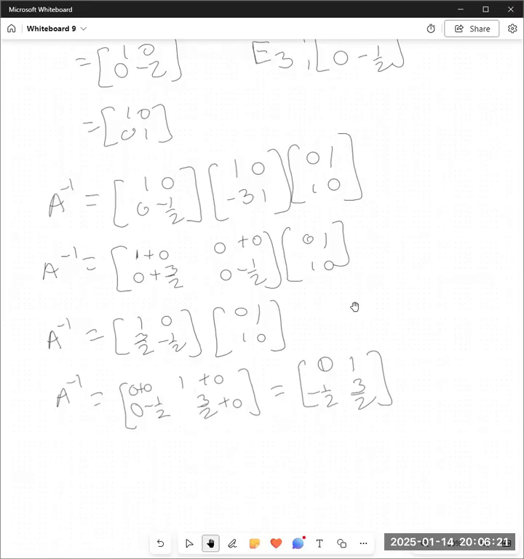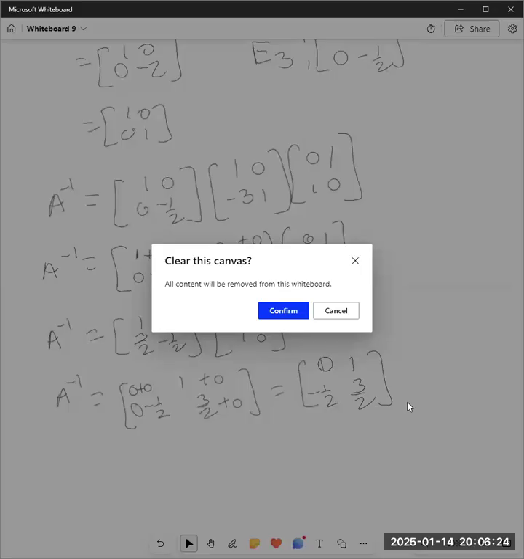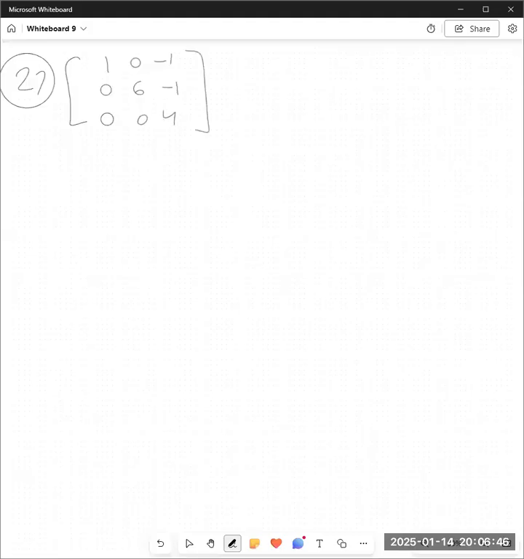All right, and then we have 27, which will be our final problem for this video. And we have 1, 0, -1, 0, 6, -1, 0, 0, 4. So we want a row operation here, 1/6 of row 2 to produce a new row 2.